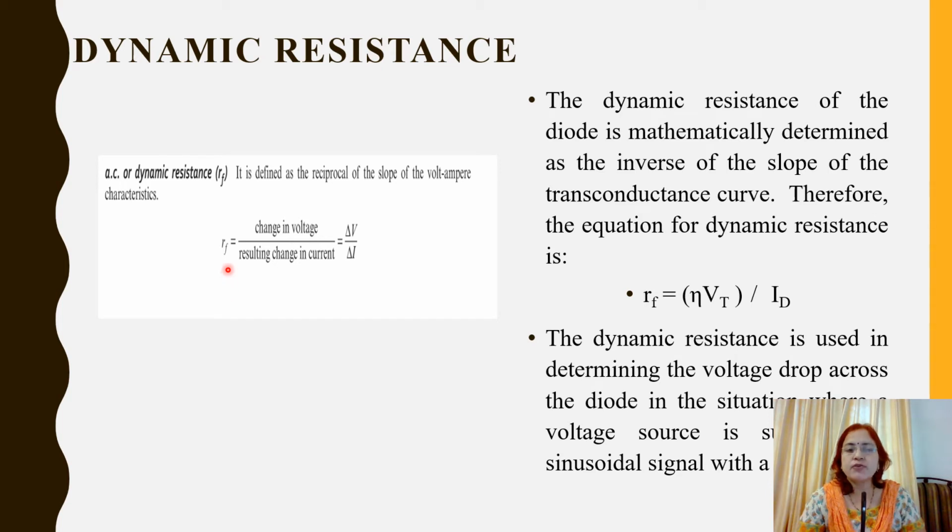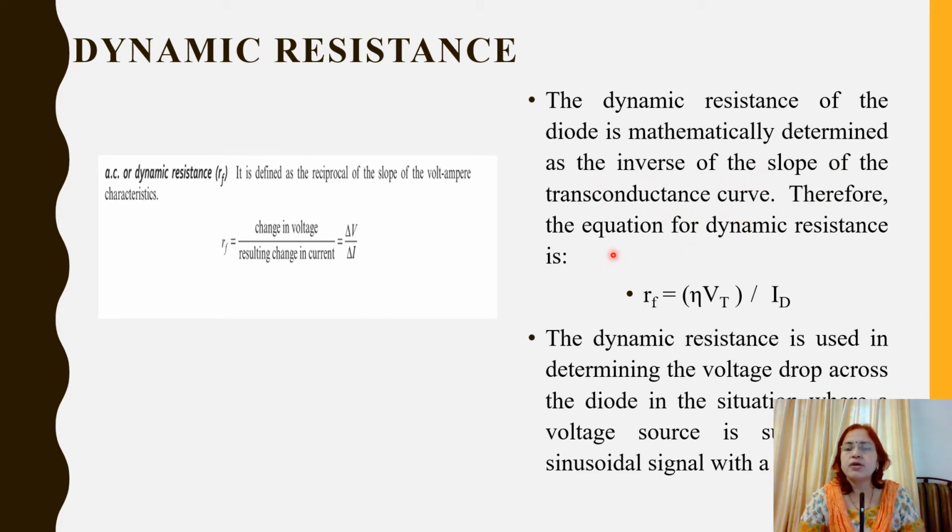In the equation form, we can write RF is equal to change in voltage upon resulting change in current. So it is equal to del V, that is V2 minus V1 upon I2 minus I1, del V upon del I.